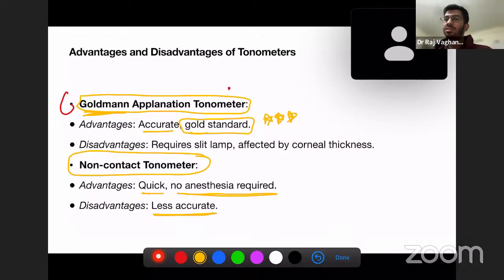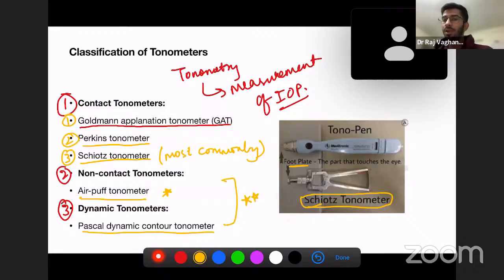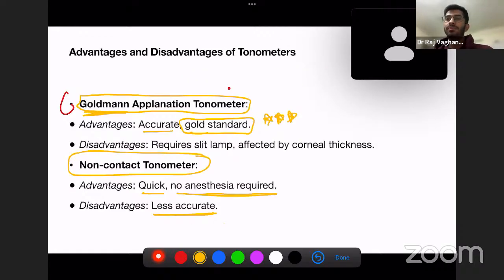So some patients are not okay with contact tonometers; they prefer non-contact tonometers. So that is about the tonometers. In contact tonometers, we have Goldmann applanation, Perkins, Schiøtz. In non-contact, we have the air puff tonometer, and in dynamic, we have the Pascal dynamic contour tonometer.